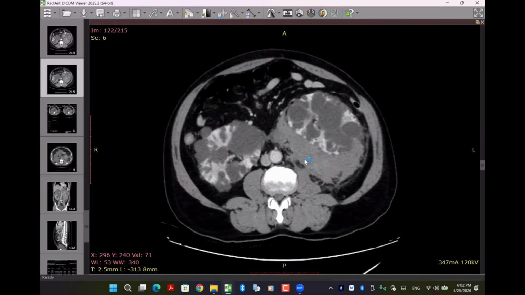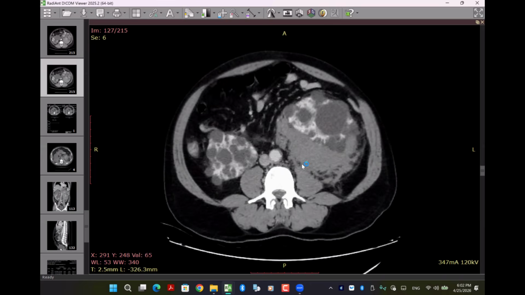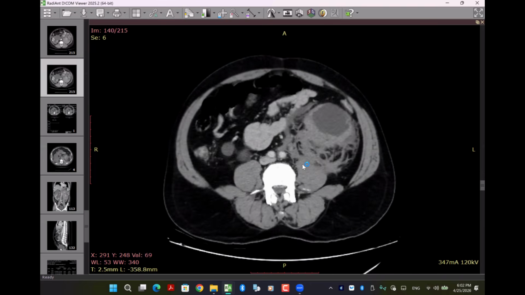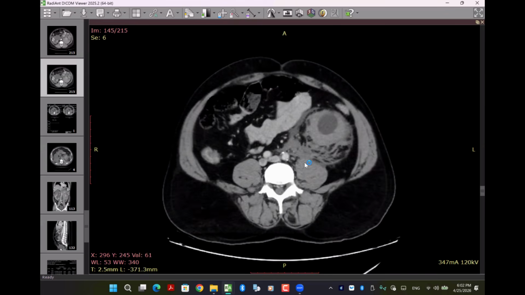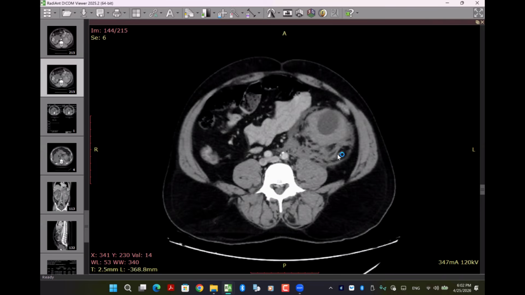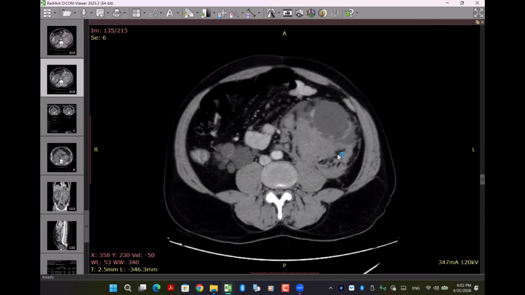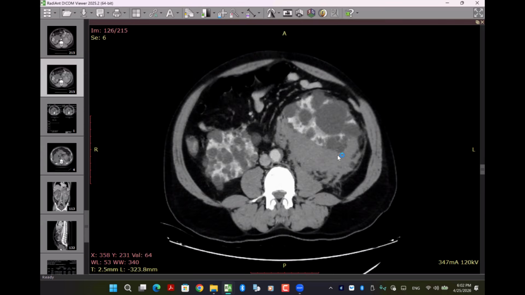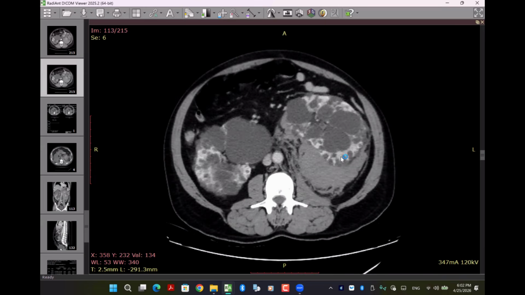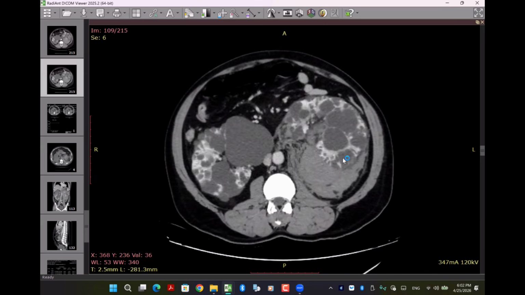Normally I follow it anterior to the psoas region, but I'm not able to appreciate it anterior to the psoas. And it is hyperdense within the delayed imaging as well. So I'm thinking of a ruptured cyst with urinoma formation.